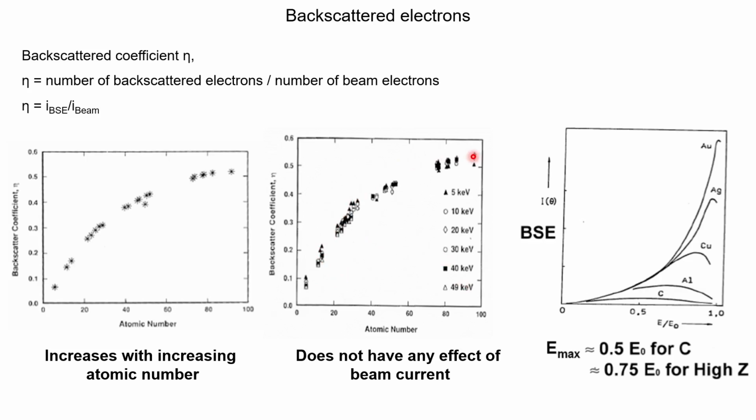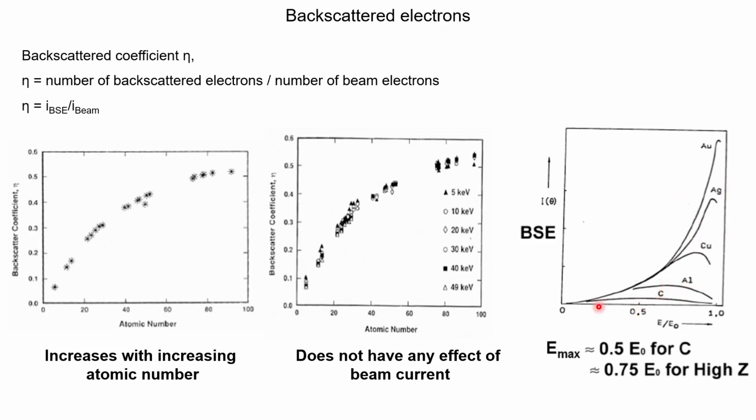So it does not depend upon the beam current for the eta. And also you can see that the backscattered electrons, for different atomic numbers, will be given like this.